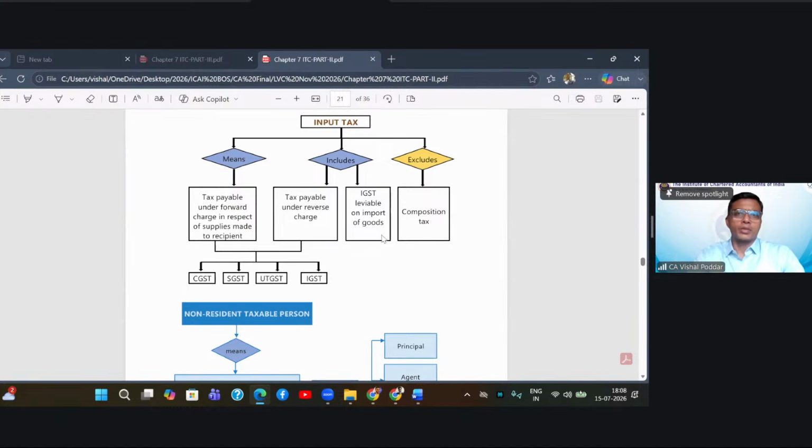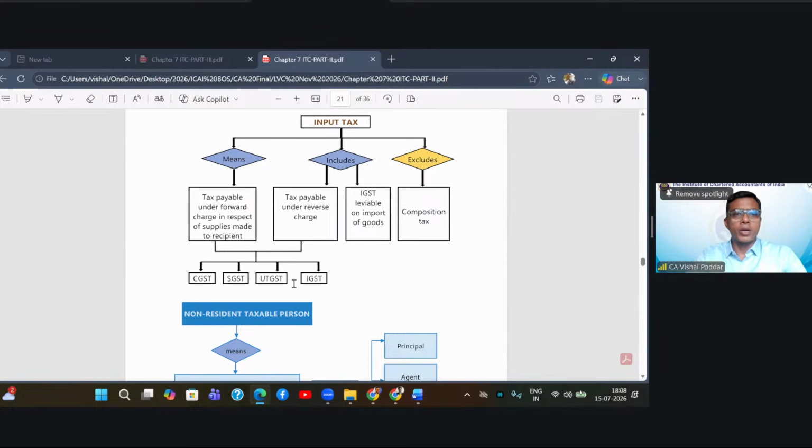However, if you are procuring something from a composition dealer, the composition dealer is also going to pay some tax on the composition supply. Those taxes, even though they are GST, will not be treated as input tax, and hence, whenever you are procuring from a composition dealer, you are not eligible to take the ITC.